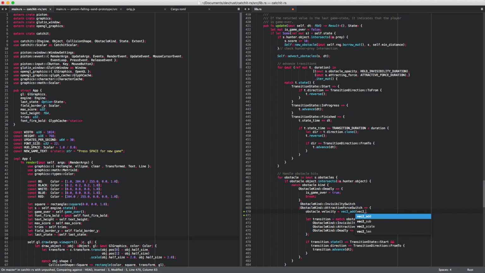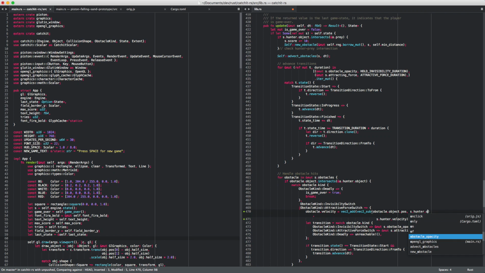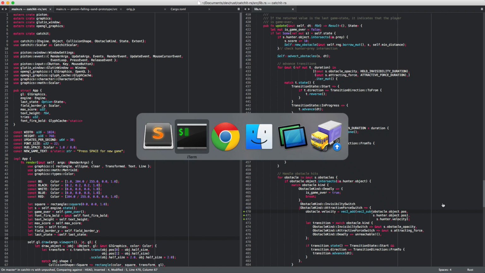Like a sub between the positions of the obstacle object position and me as hunter object position. And this one we unify and then scale by the velocity of the... Yeah, let's do that. Let's get a unit vector out of that.